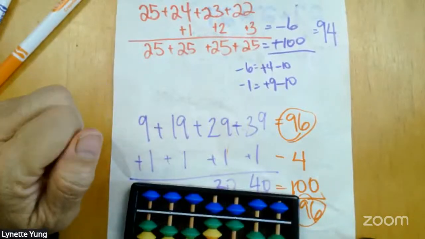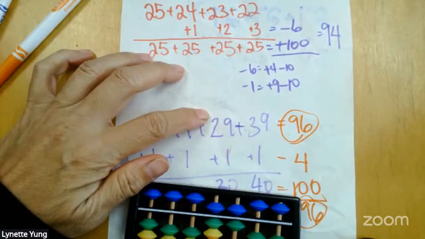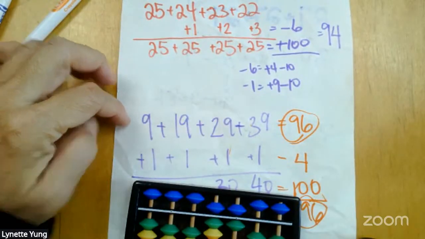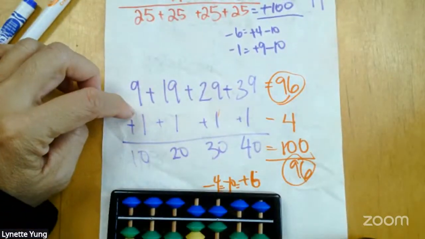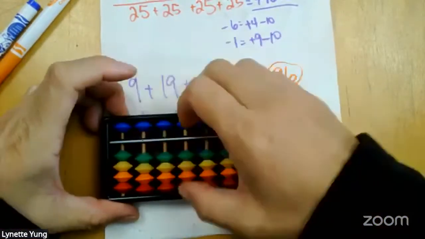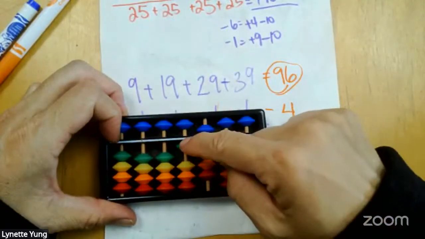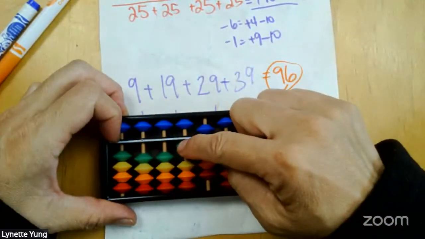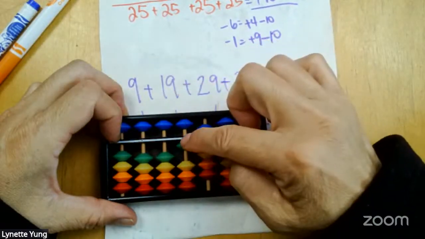What's the pattern in the 9 plus the 19 plus the 29 plus the 39? Because when you're doing that one, you're doing plus the 10 minus the 1. It's just reverse when you're doing that on the abacus, right? So you go 9, plus the 10 minus the 1, right? Isn't that kind of what you're doing?